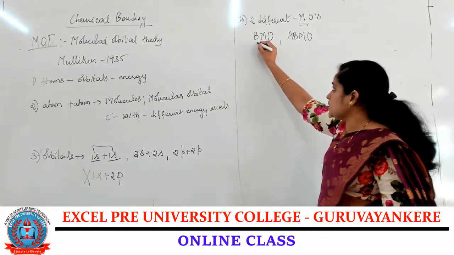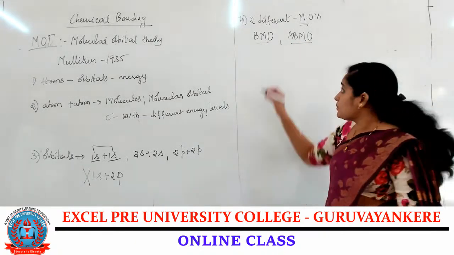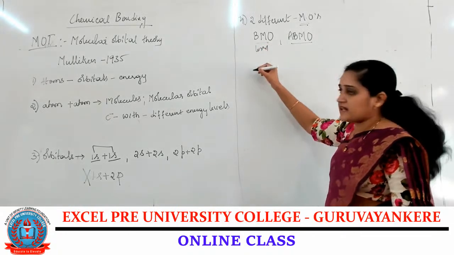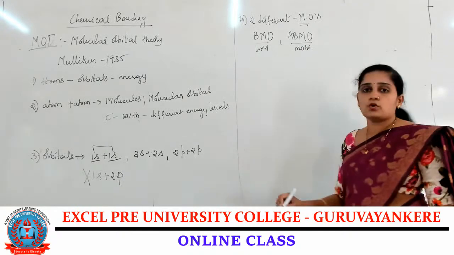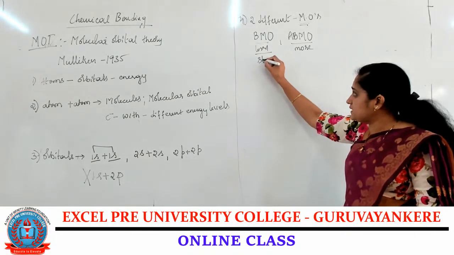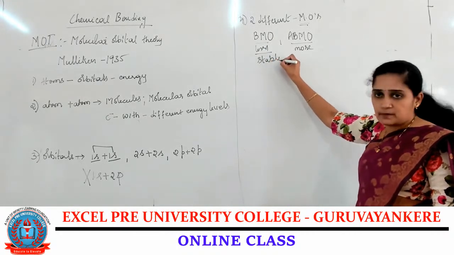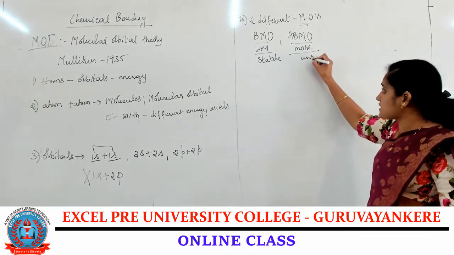The bonding molecular orbital has less energy and the anti-bonding molecular orbital has more energy. So the bonding molecular orbital is considered a stable one, and the anti-bonding molecular orbital is considered an unstable one.